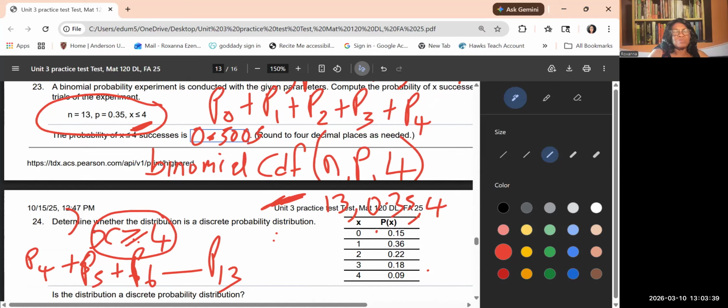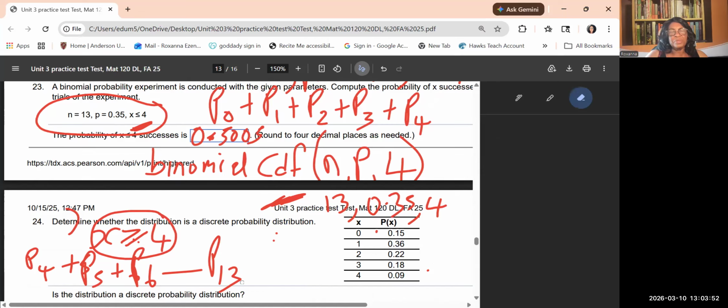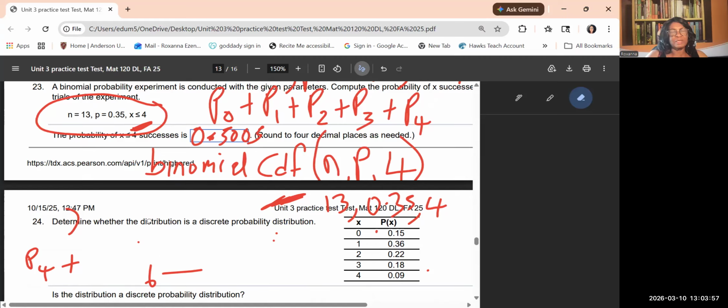And if I use the quick method, then I will do what is called the complement rule. In binomial distribution, whenever I'm given the at least probability, I will use the complement rule.